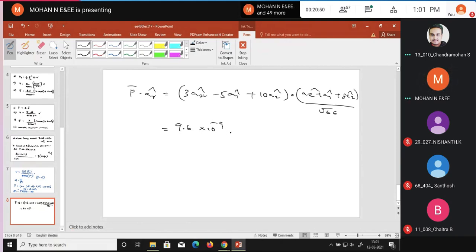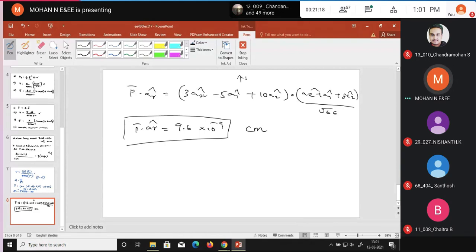What is the unit of this one? Dipole moment is nothing but coulomb meter. So obviously you get the final answer in nano coulomb meter.